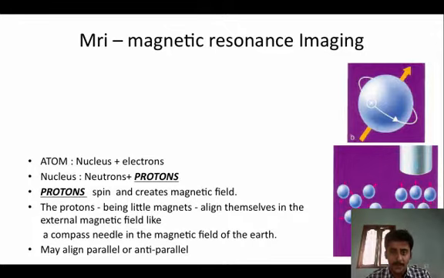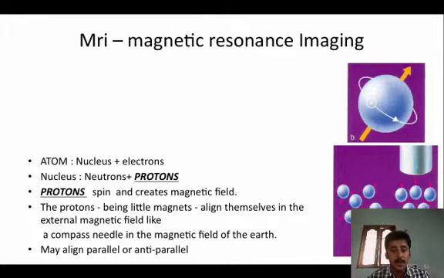So what is magnetic resonance imaging, and how do we apply it for the present MRI scans we use to scan the human body for defects in the organs? The main principle is that we use the magnetic moment of the protons.